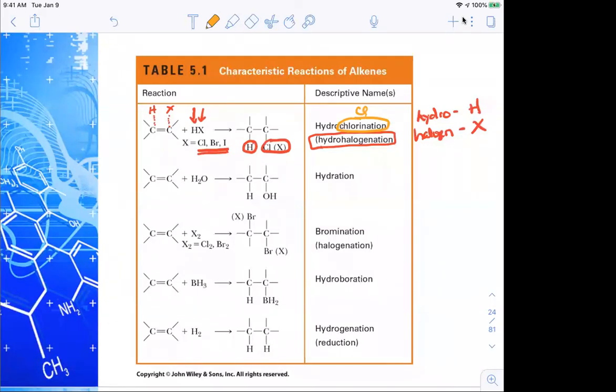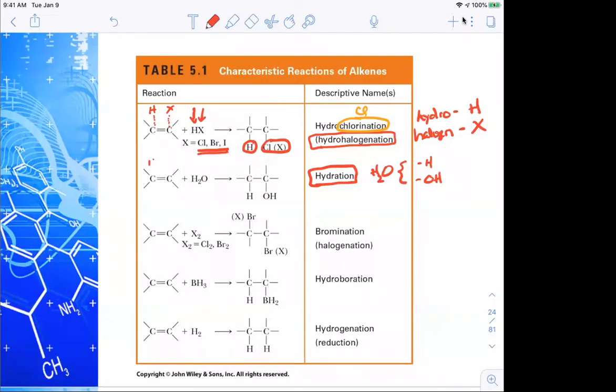The next reaction is going to be hydration. Now, what do you think of hydration? You think of water. I'm going to break water apart though. And what I'm going to add is an H and an OH across the double bond. Together, that makes water, but I'm going to actually separate it.